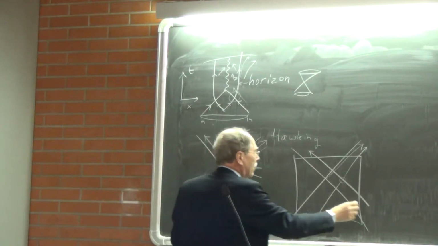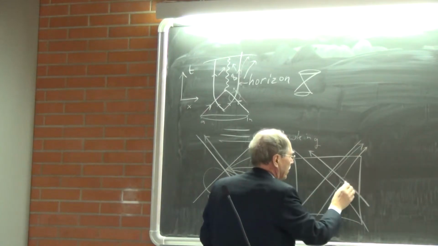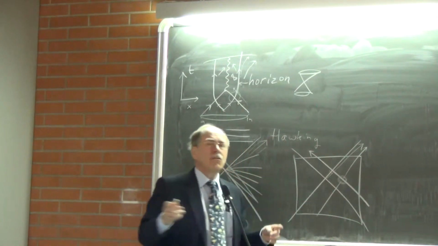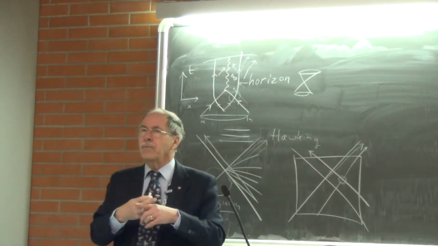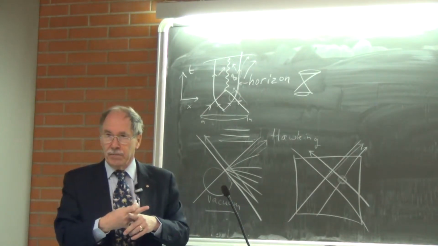So now if you have an ingoing particle, you're looking at very highly Lorentz boosted outgoing particles. So that means you're looking at particles passing by here with an enormous relative energy or collision energy.